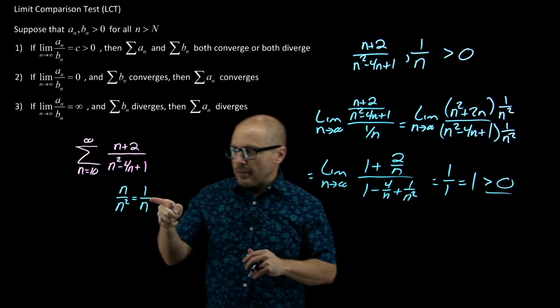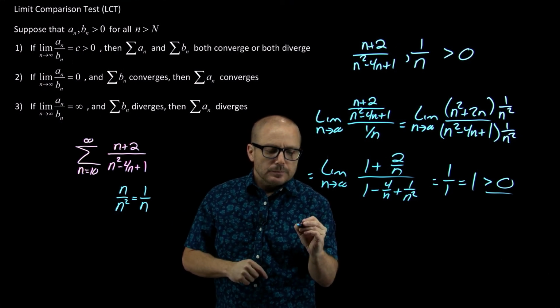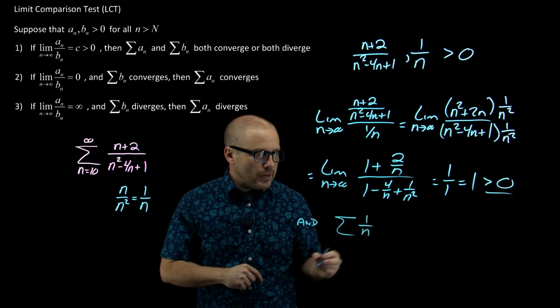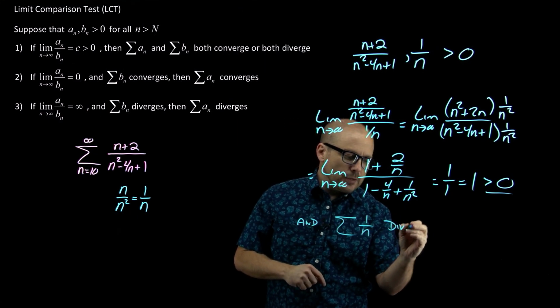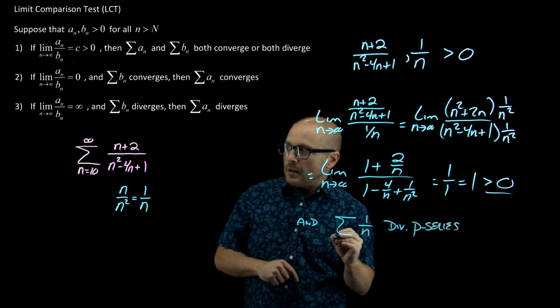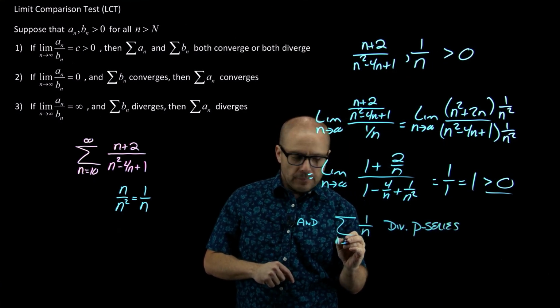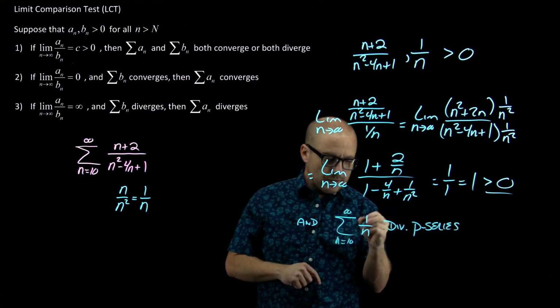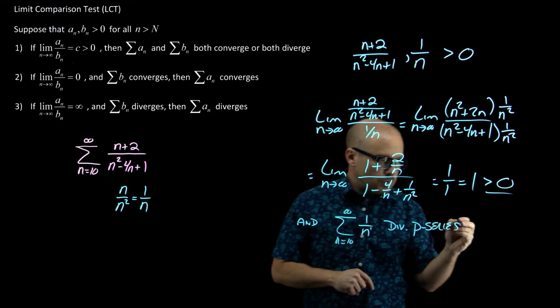And what do we know about this series? The series of 1 over n, it's a divergent p-series. And the reason we know that is because of the degree, remember. It's first degree there.